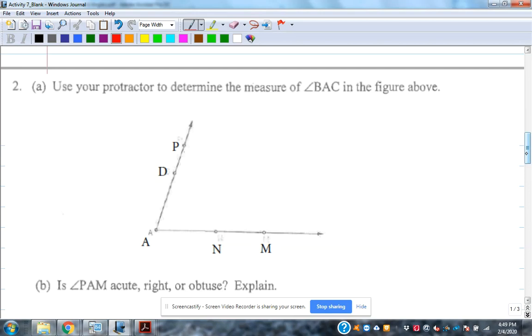That measurement there is probably not the best place. If it isn't long enough, you may have to extend the ray to get up there. I'm getting 73 or so, 73. If you're using this type of angle measuring device, protractor, same idea.